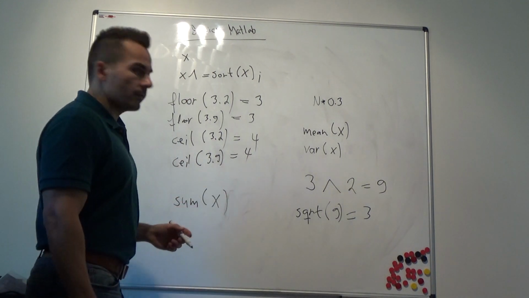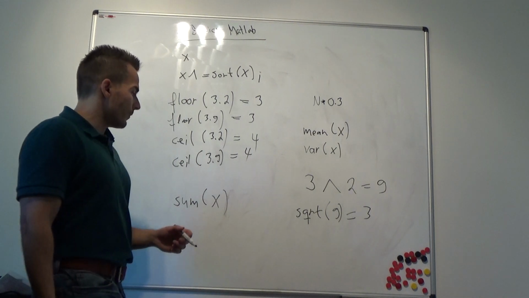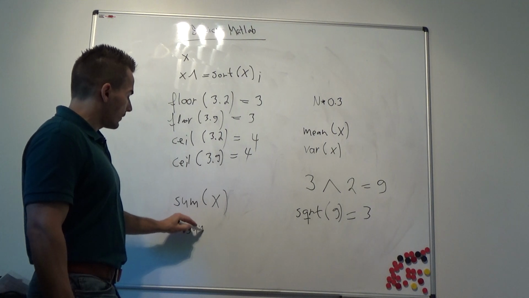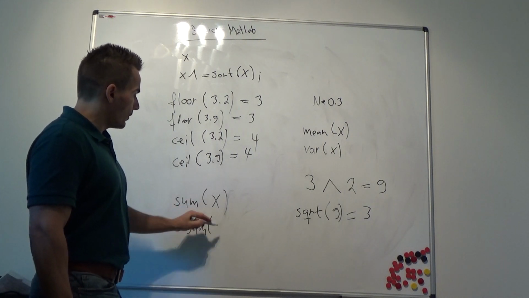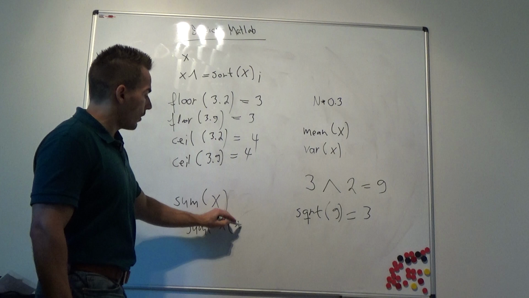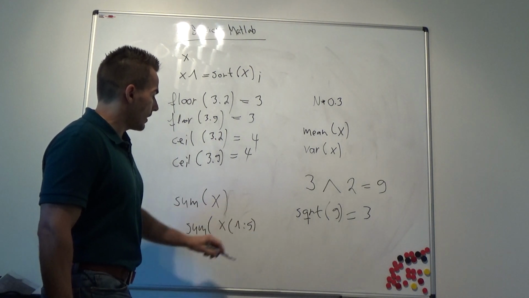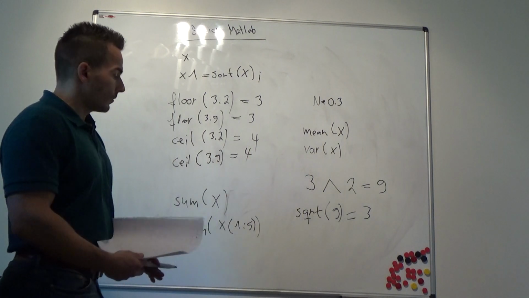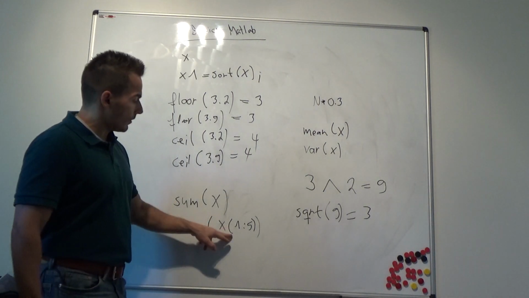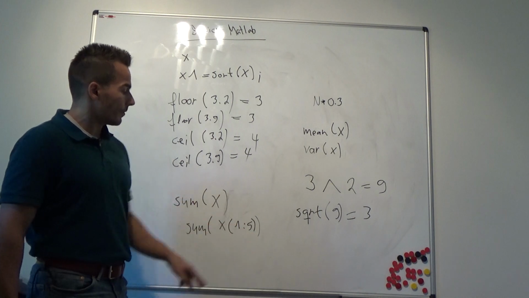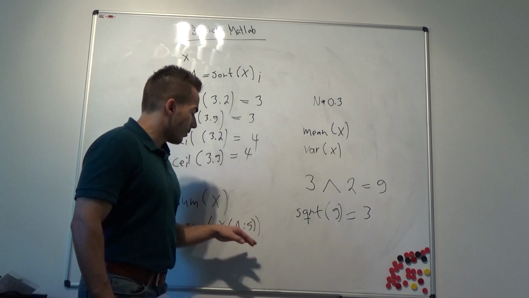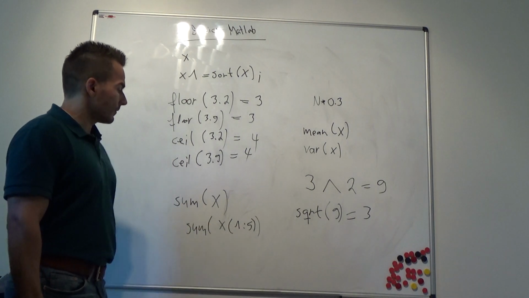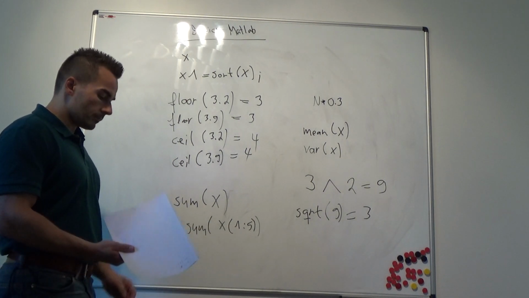If you just want the sum of the first 5 elements from x, you would write sum, parenthesis open, x, parenthesis open, 1:5, parenthesis closed, second parenthesis closed. If you have two open parentheses, you also have to close them. So this must always be congruent. This gives you the sum of the first 5 elements of that vector.